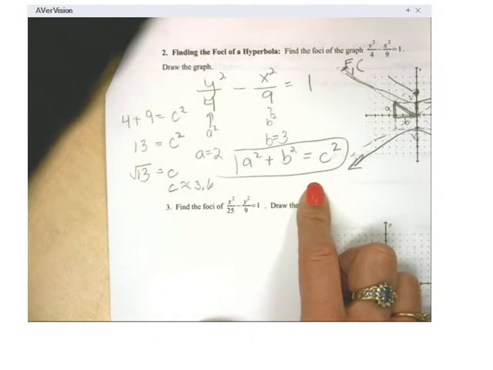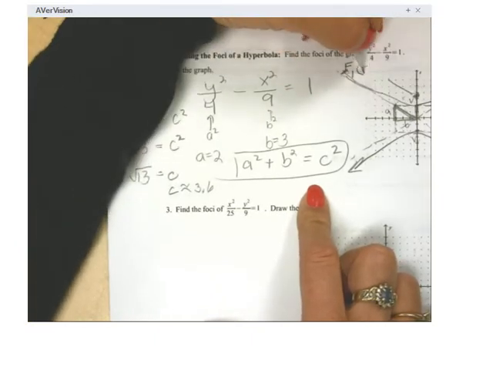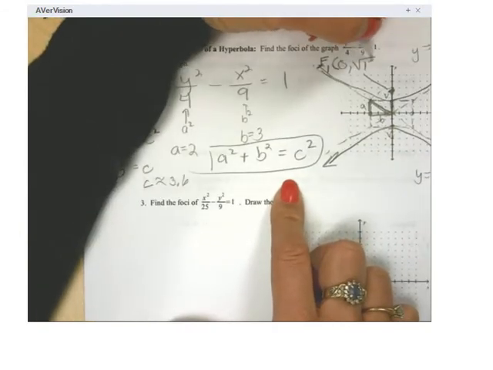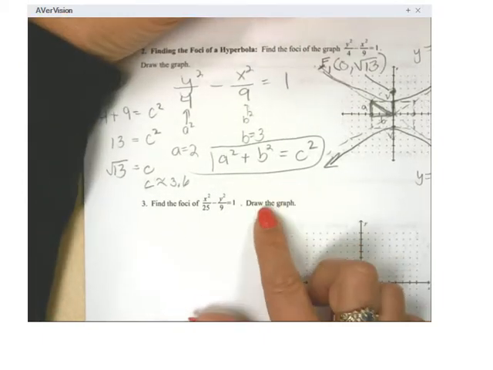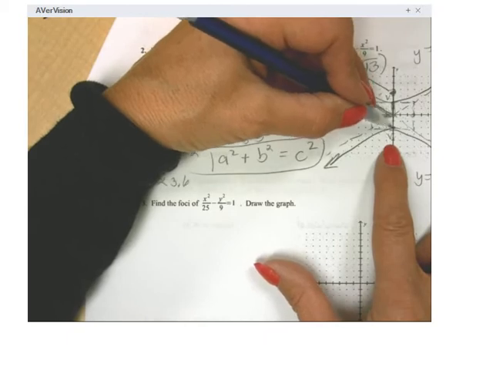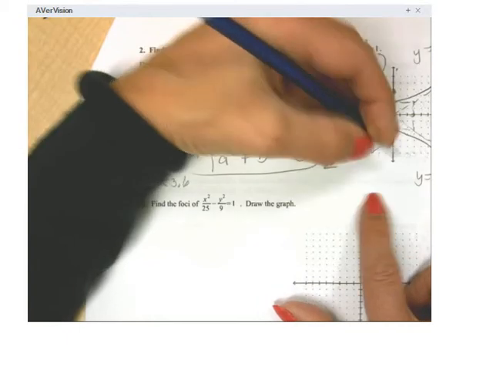And so I know my focal point up here would be, if I move 1, 2, 3.6, is about right there. The exact value of that focus, I'll call it F1, the x-coordinate is 0, the y-coordinate is square root of 13, which again is approximately 3.6.